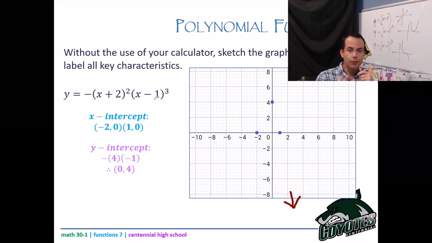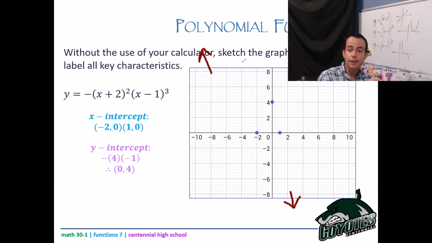Think about this: if I was to multiply this out, because I read the degree when everything's written in general form, so it's like that big long chain with the highest degree all the way to the lowest degree. If I was to multiply all this out, at some point I'd have to multiply an x squared and an x cubed together, and that would give me an x to the 5. So I know that this is a degree 5, which means it's an odd degree, which means I need to sort of behave like a line. So if I'm coming down here, I would have to be going up on the other side there, right? So that it would join a line.